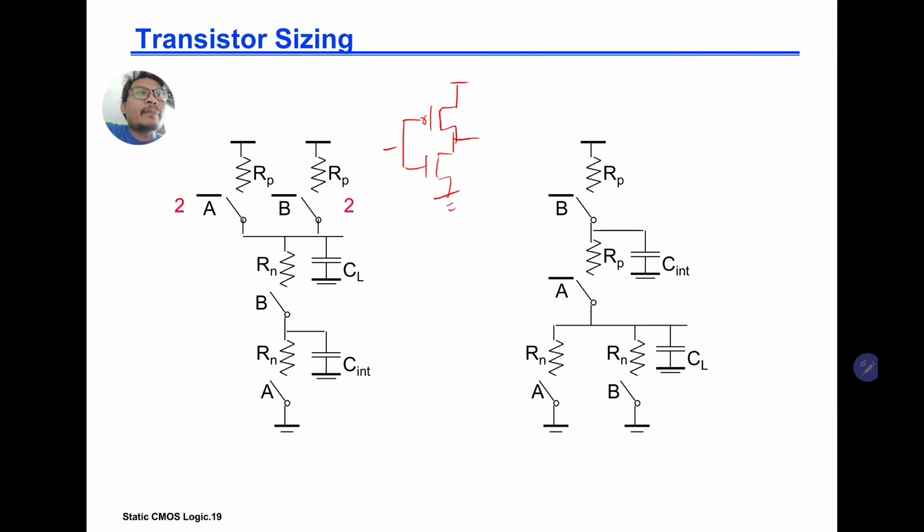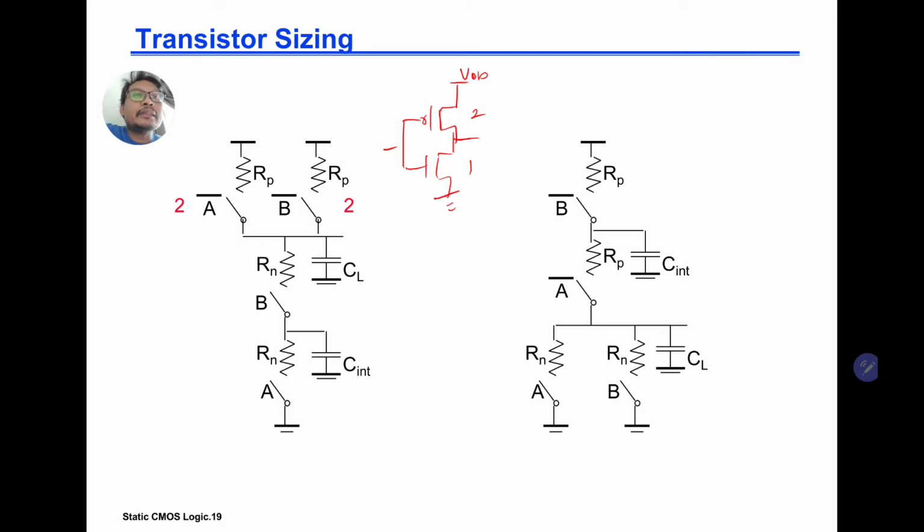So let's look at the inverter and review our inverter sizing. If you remember, we put a ratio of 2 to 1. So the size of the PMOS, we make roughly 2 times wider W. Remember the L is constant, it is the same. So we make the W of the P 2 times wider compared to the W of the NMOS because of the resistance.